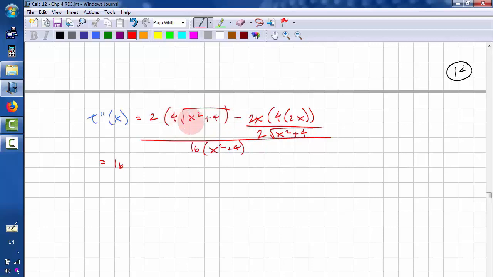We're going to multiply this by square root of x squared plus 4 over square root of x squared plus 4.